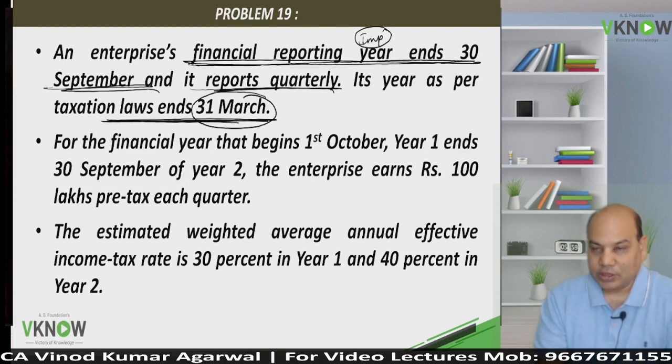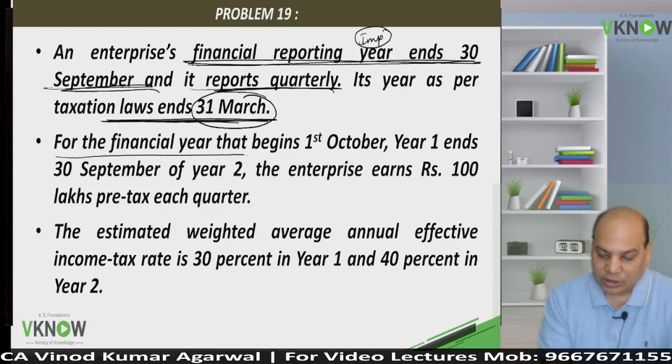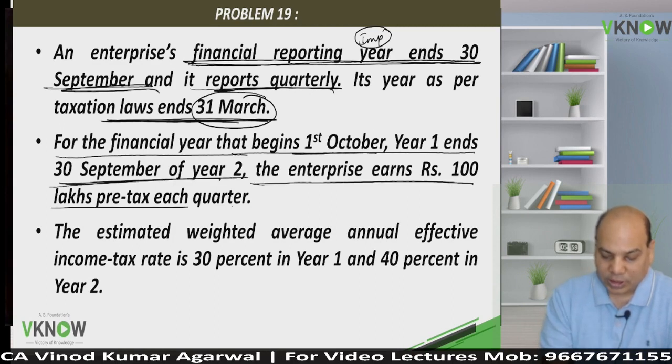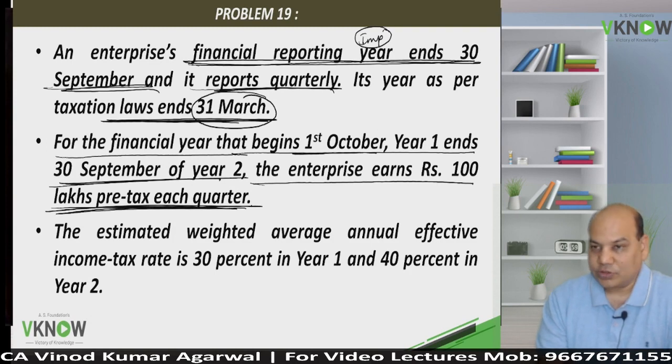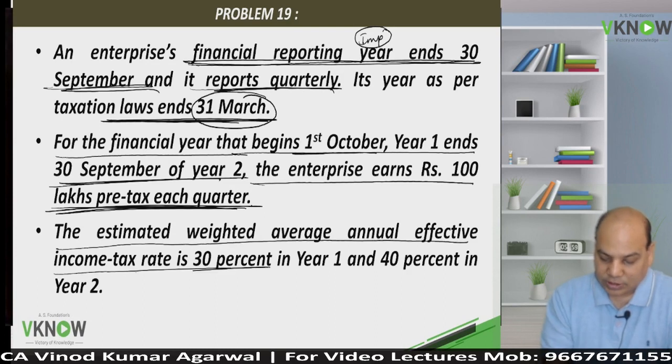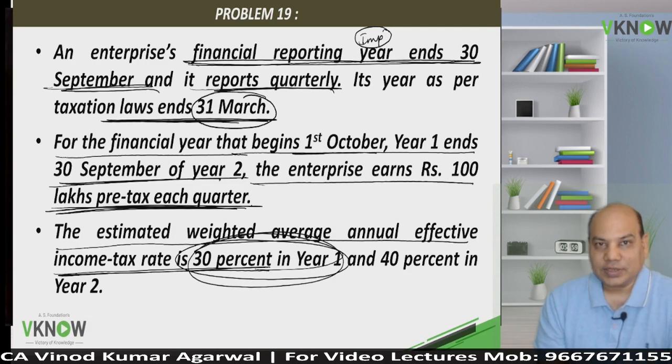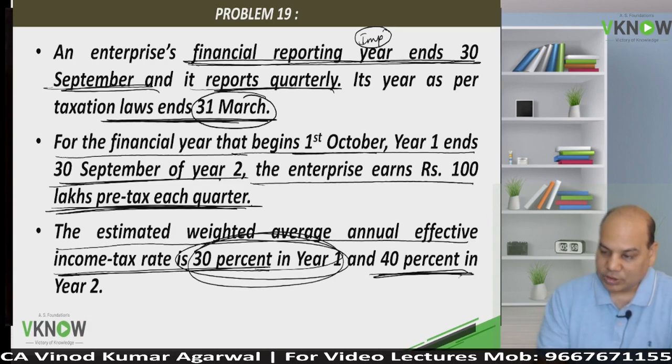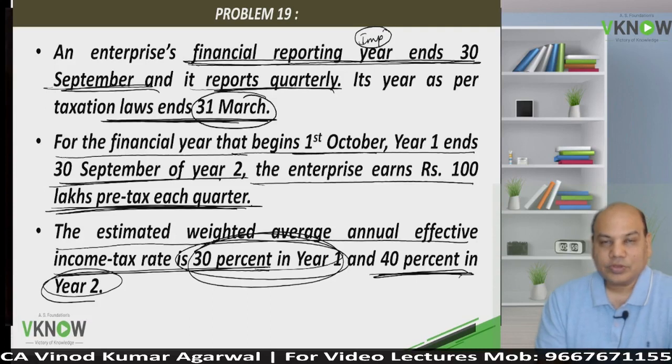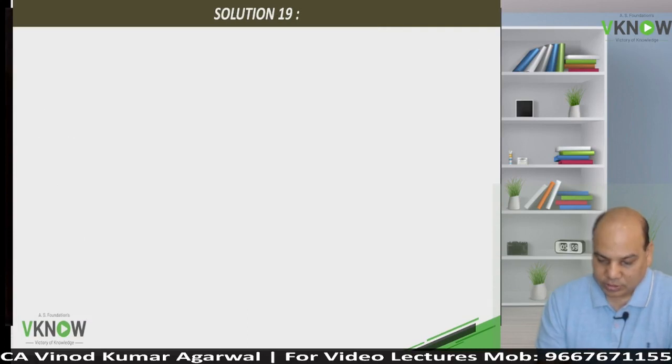So financial year is different, tax year is different. For the financial year that begins 1st October, ends on 30th September of year 2, the enterprise earns rupees 100 lakh pre-tax each quarter. So profit is 100 lakh in each quarter. The estimated weighted average annual effective tax rate is 30% in year 1. First tax year tax rate is 30%. The second tax year the rate is 40%.